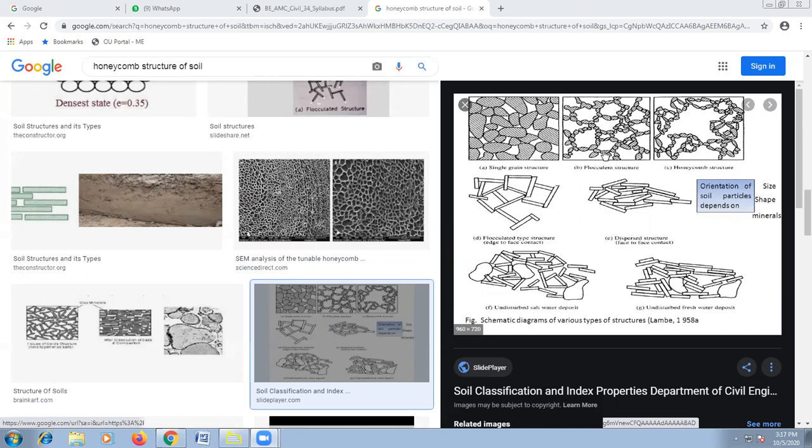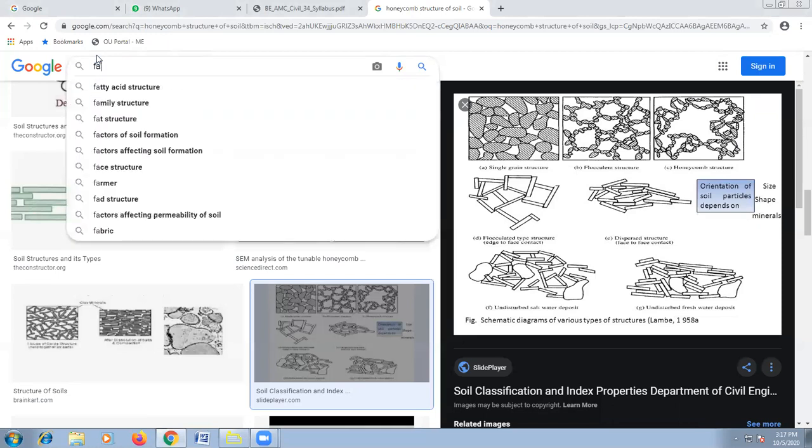So these are primarily the three types of soil structures: single grain structure, flocculent structure, and the honeycomb structure. Then let us look at the different kinds of factors that affect soil formation.